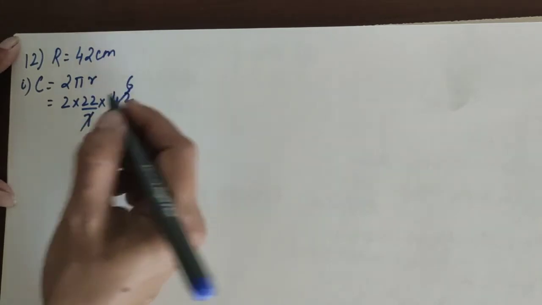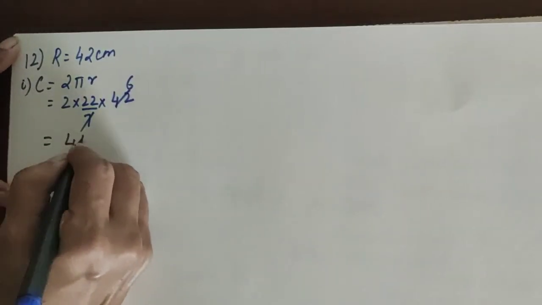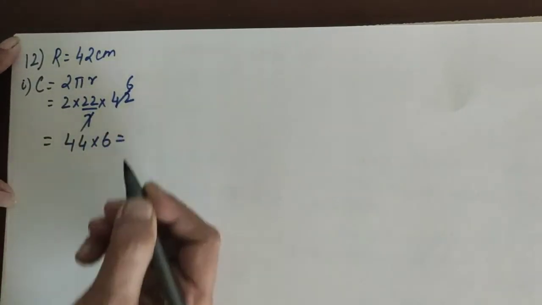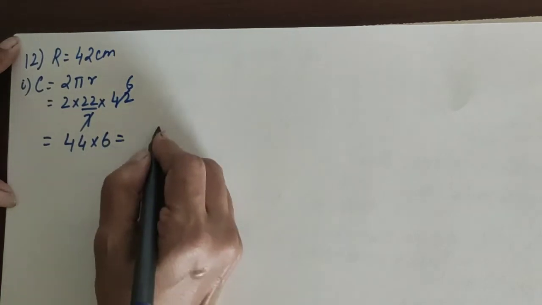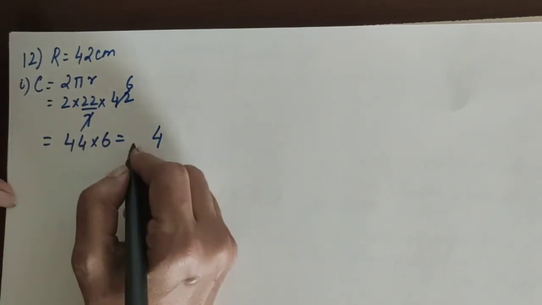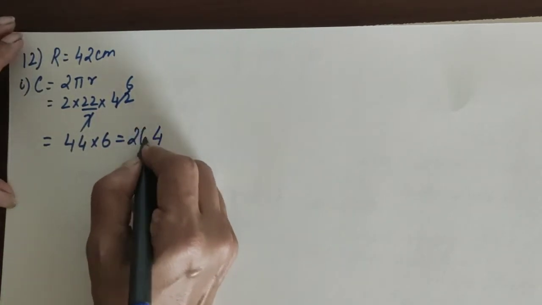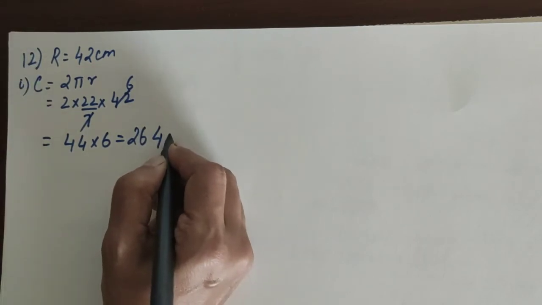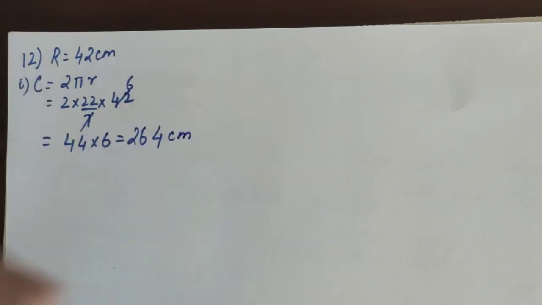7 6s are 42, so 44 into 6, which is 264 centimeter.